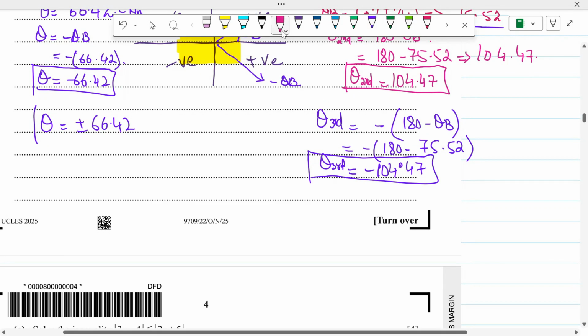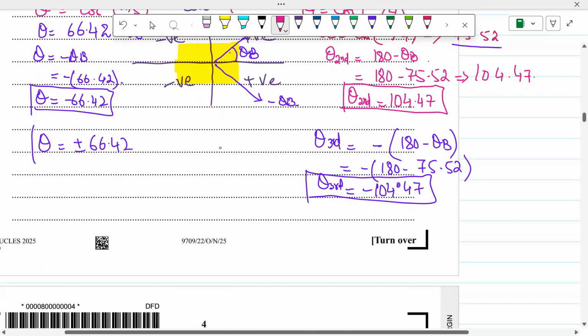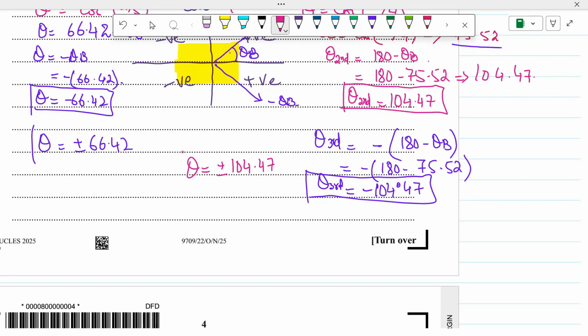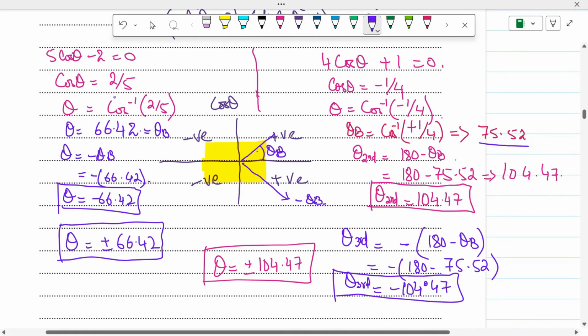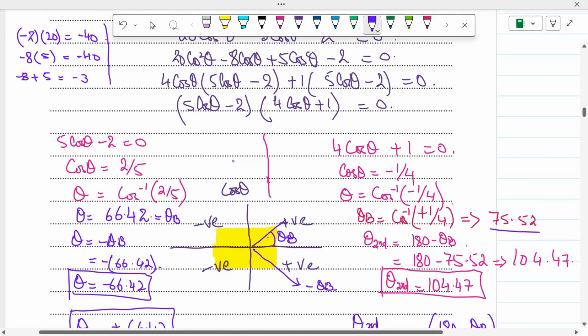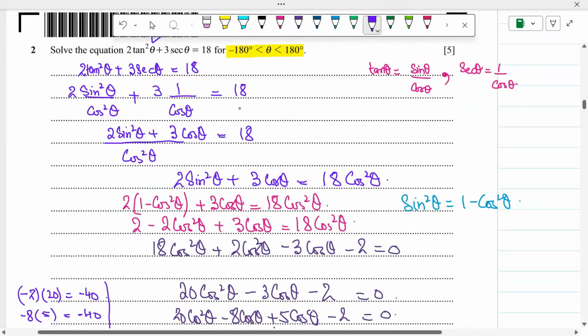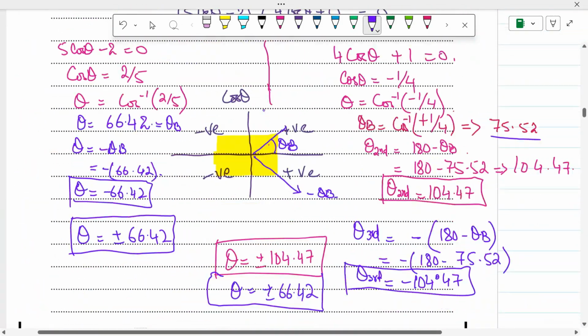So the two values corresponding to negative 1 over 4 are theta equal to negative and positive 104.47. We calculated theta based on the value of 2 over 5 as plus minus 66.42. So these are four values of theta which satisfy this equation, and these four values also satisfy the range.